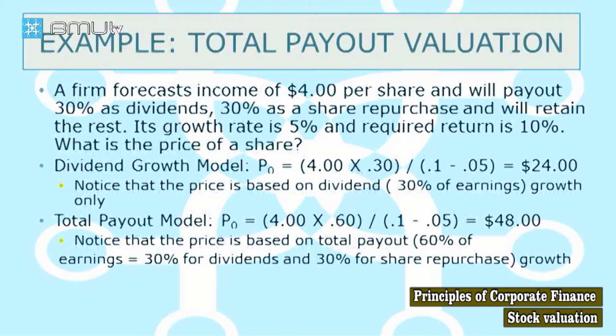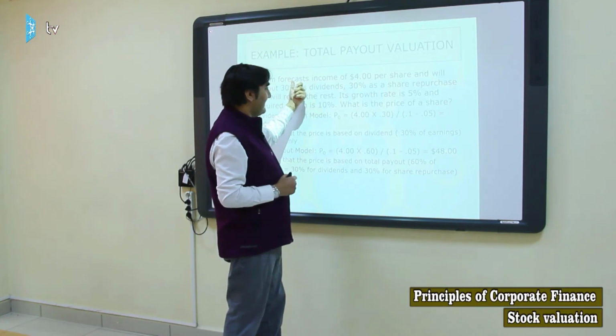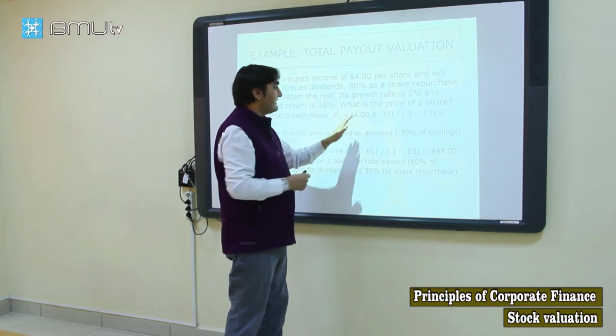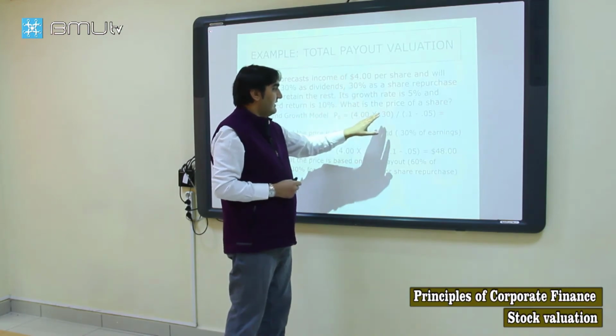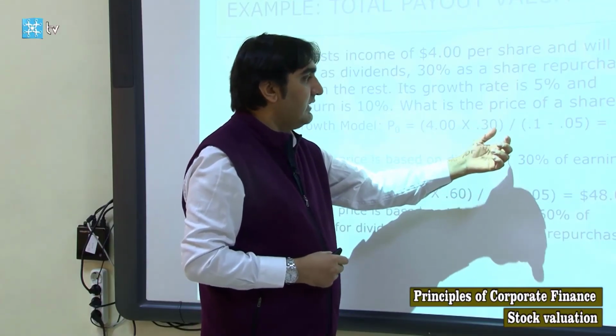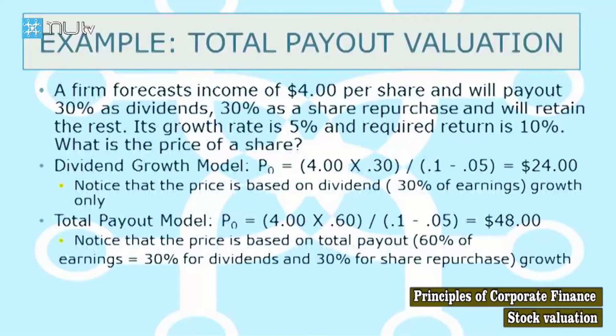Applying our dividend growth model, $4, since it's forecasted, is next period, and dividend will be 30% of this. We multiply it by 0.3 and it becomes D1 divided by R minus g. We get $24. So dividend is 30% of earnings.